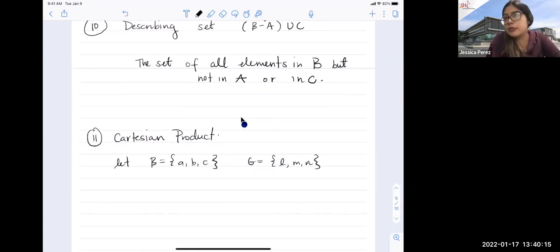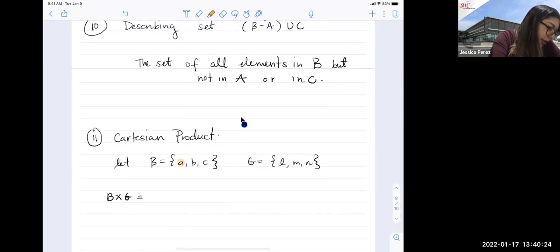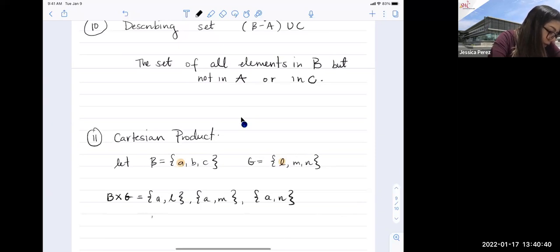So remember, B times G is not the same as G times B. So B times G, we're doing a cross product of each element with each other. It should be paired. So A, L, that's the first. A, M, that's the second. A, N, okay. Then we have B, L, B, M, B, N.